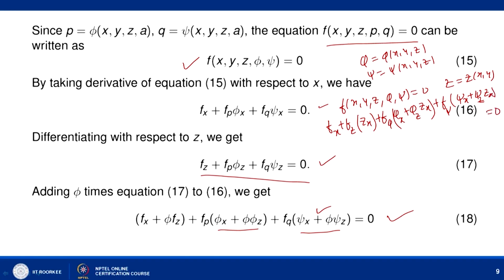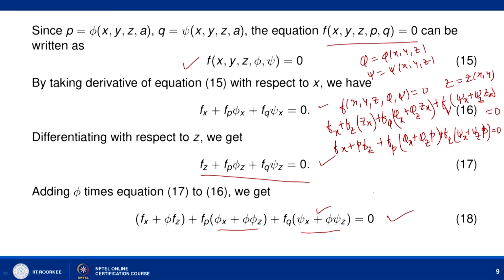And if you simplify, what you will get is f x plus, since z x is p, p f z, plus f p times phi x plus phi z times p, plus f q times psi x plus psi z times p, equal to 0.